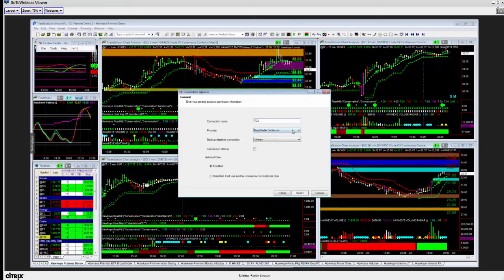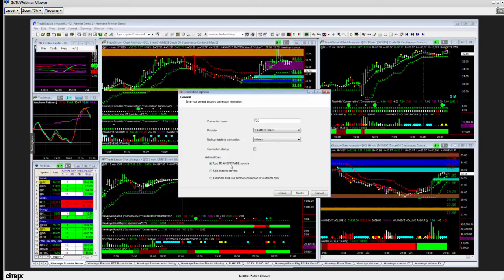From the provider, just simply click on the provider list, go to the section that says TD Ameritrade Selection. Select that. Okay, you don't need a backup data feed. If you do, you can select a backup data feed if that one goes down. You can also select whether you want to connect at startup.